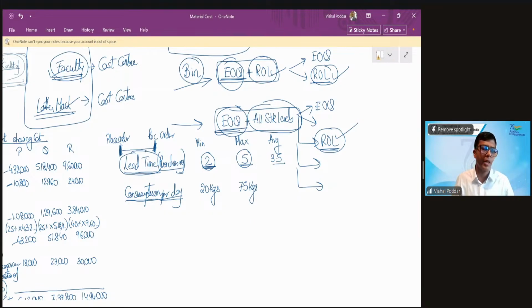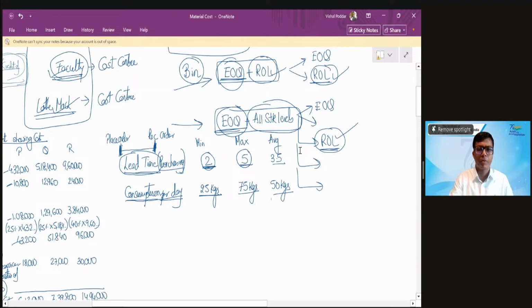So this is my consumption per day, minimum 25, let us say, and maximum 75. Again, being a student of maths, you know that the average of this will be 50 kgs. So you first need this data for computing your stock levels.